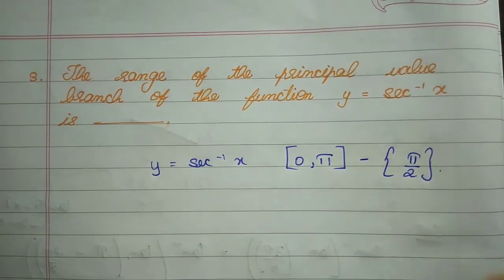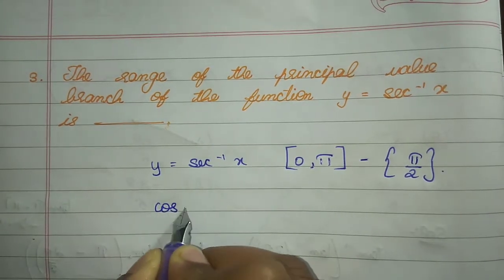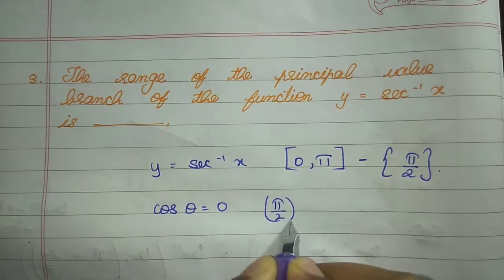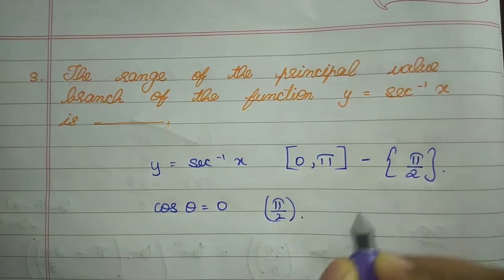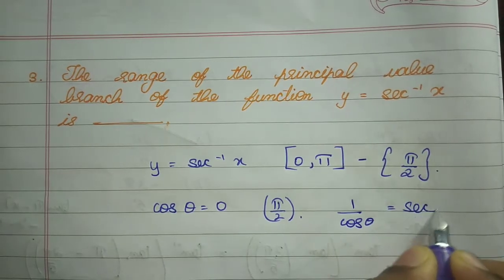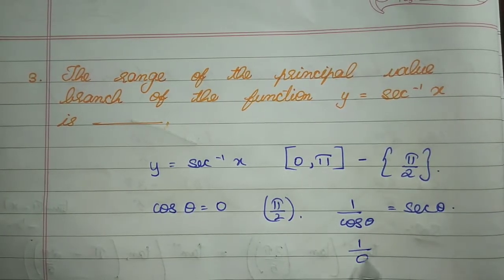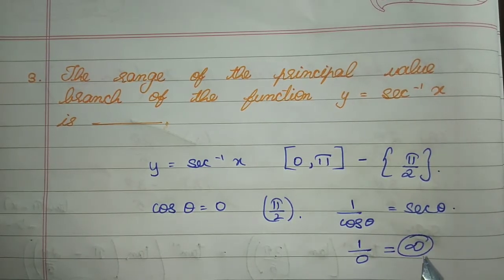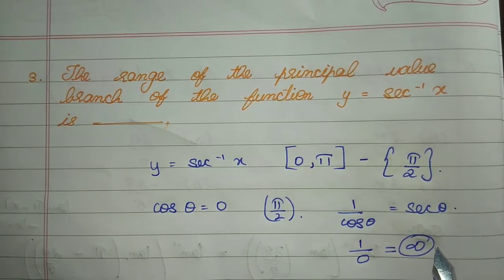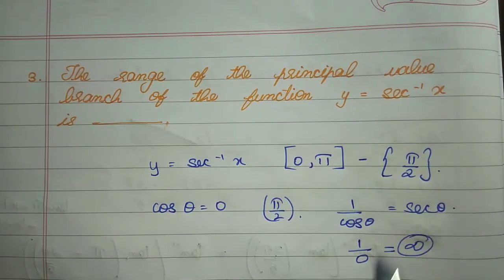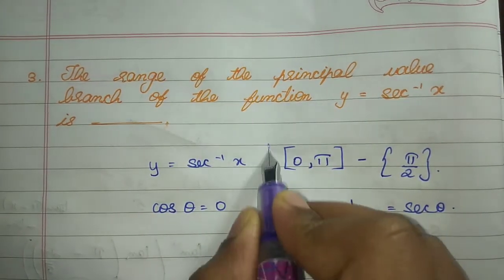Why minus pi by 2? Cos theta is 0 at pi by 2, and 1 by cos theta is equal to secant theta. So 1 by 0 is not defined. Only at that position we will not have any value in the principal value branch, so we are just subtracting that pi by 2. So this is your answer.